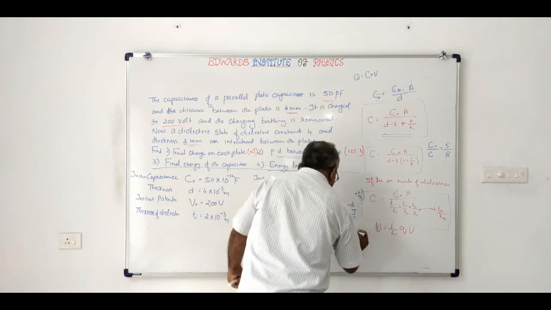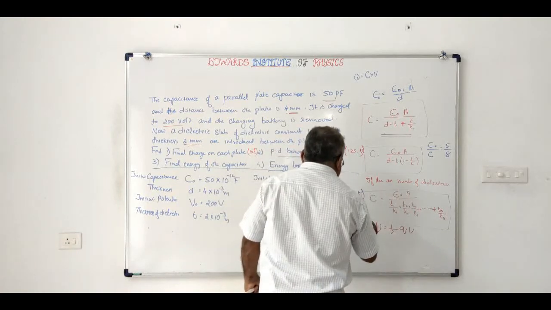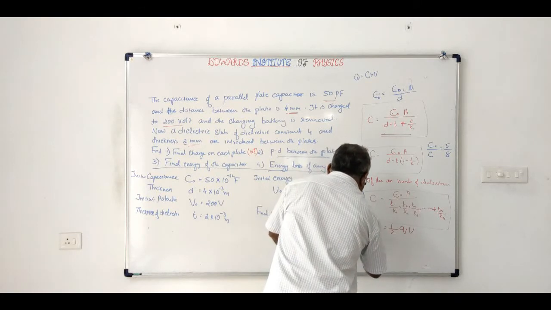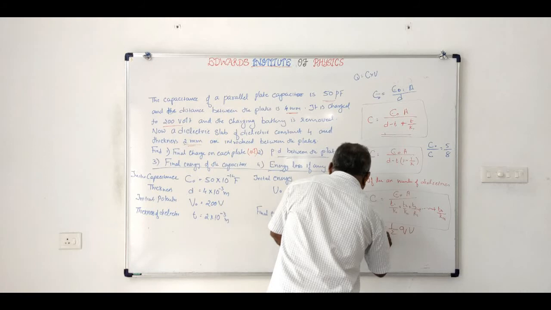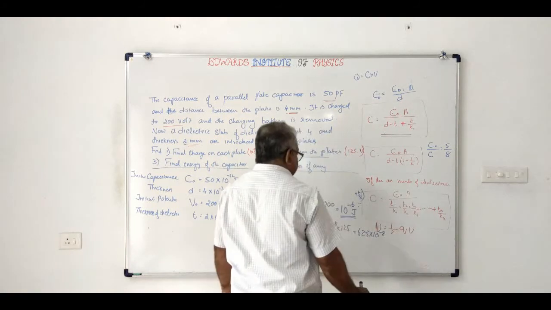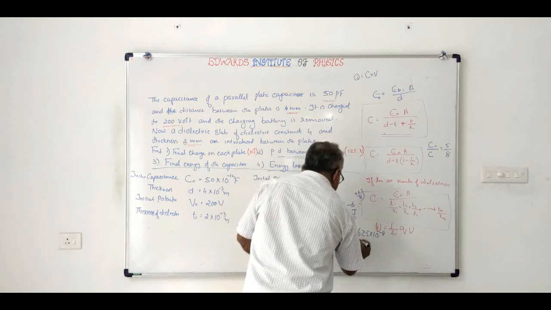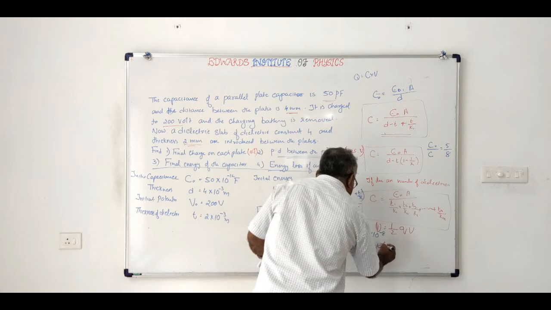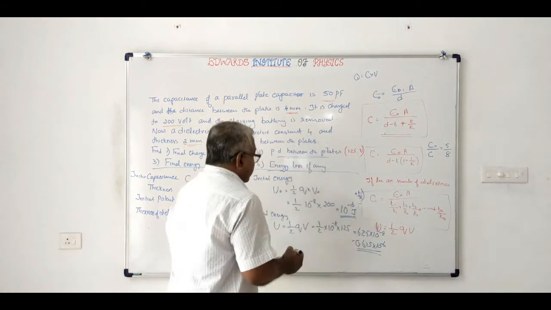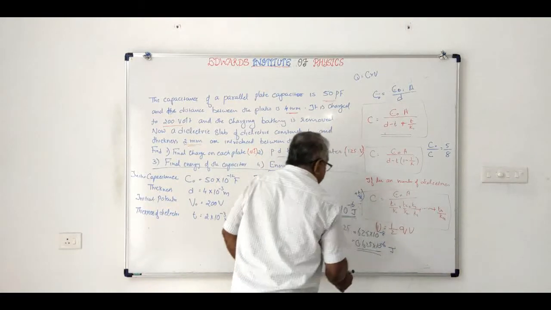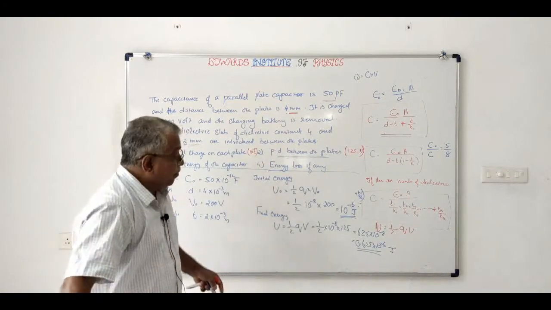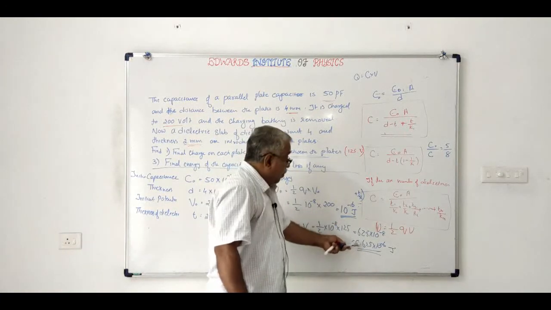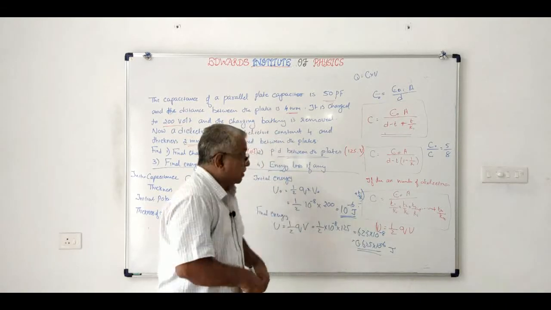That will be equal to 62.5 into 10 raised to minus 8, which is 0.625 into 10 raised to minus 6 joules. This is the energy the second time. You see how much energy is lost. Initially it was 10 raised to minus 6. It was reduced to 0.625 into 10 raised to minus 6 joules.